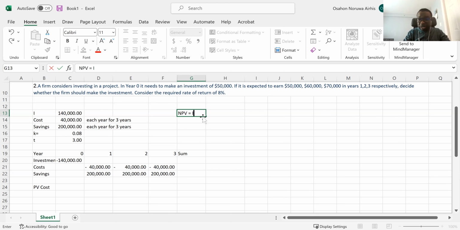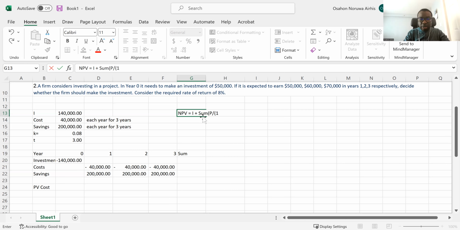I, which is the investment itself, the project estimated amount or cost, plus a sum of all the savings, or in this instance the costs from the project, brought to a base year, the present value of them.